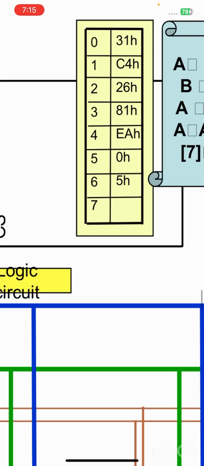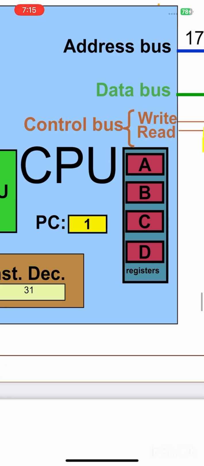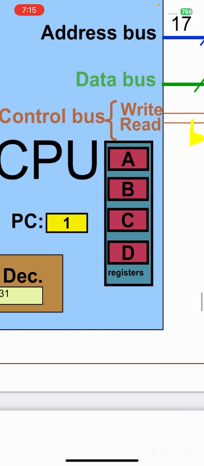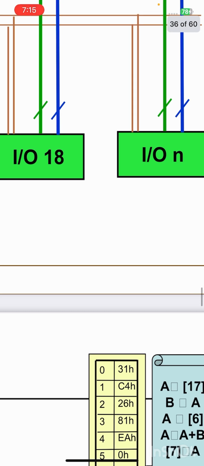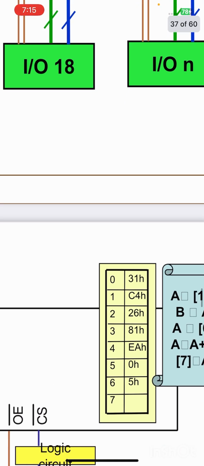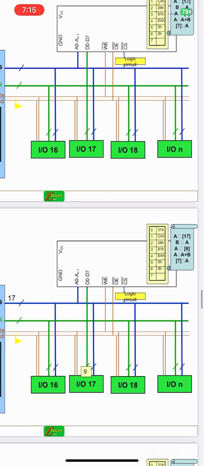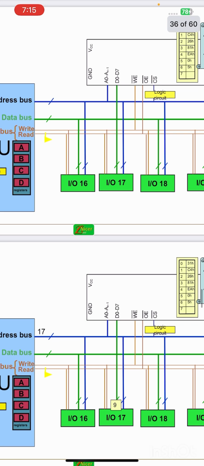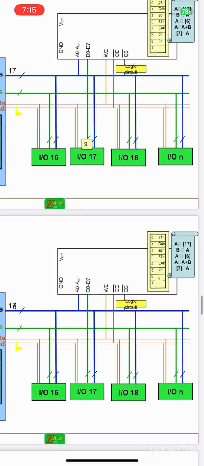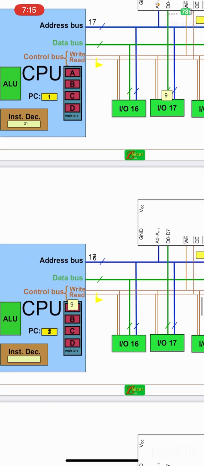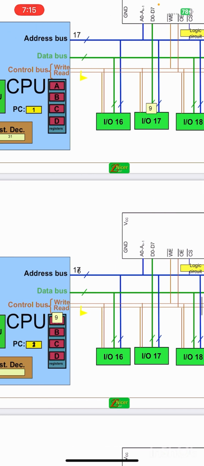On the 0 there is an entry of 31H, so 31H is transferred to the instant deck. Moving on to 1, the A17 address goes there, and then port number 9 is transferred, so the data of number 9 is transferred to the A bit.